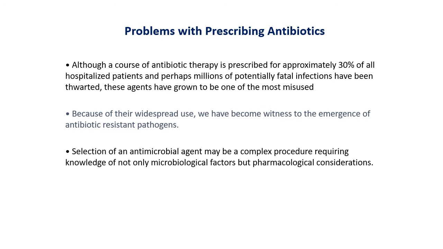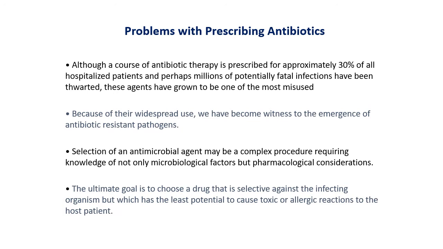When selecting an antimicrobial agent, you need to consider all sorts of issues. For example, the MIC, the MBC of the agent for a particular target bacteria, but also the infection site where you're trying to get to, and toxicological and other factors.